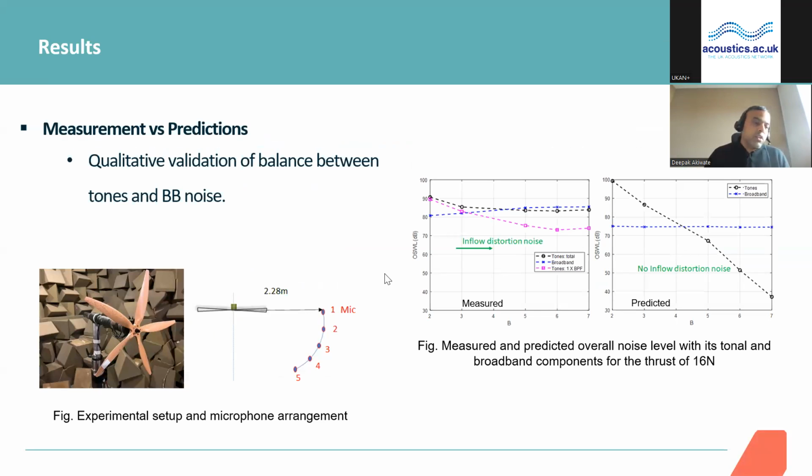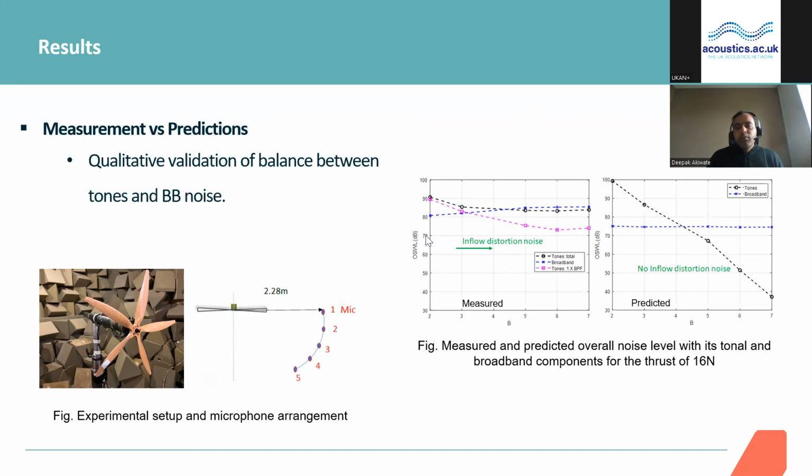So we talked about predicting all the tones as well as the broadband noise, but we did a quick experiment to see qualitatively how our tones and broadband balance look with respect to our main results. For that we did anechoic chamber measurements with different numbers of blades, and shown here is a 5-bladed propeller, and the microphone arrangement which goes from 1 to 5 microphones in a quadrangle.